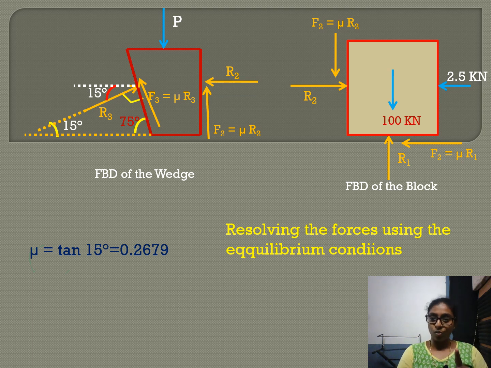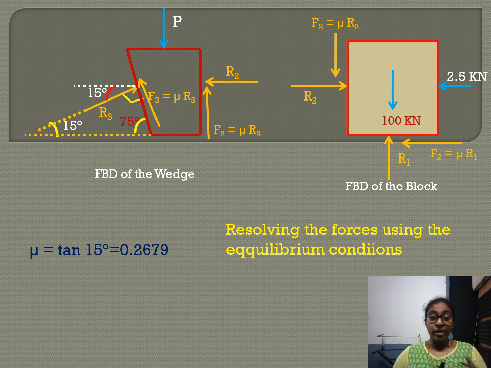R2 and F2, F2 is written in terms of R2. R3 and F3, F3 is written in terms of R3. So the unknowns are R1, R2, R3. And another unknown is the external force that has to be applied to the wedge in order to move the wedge downwards.